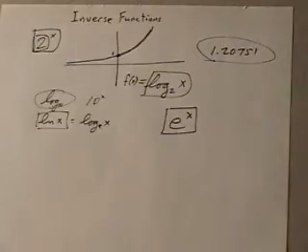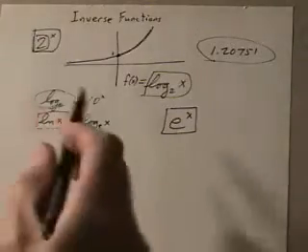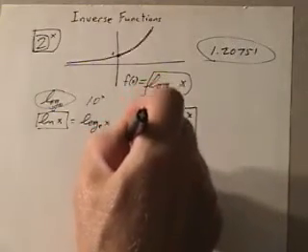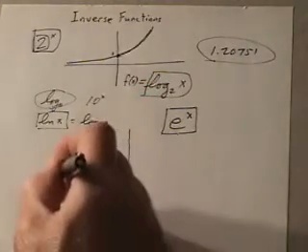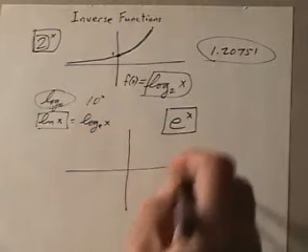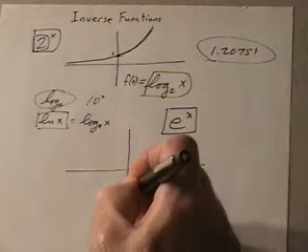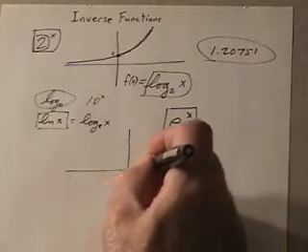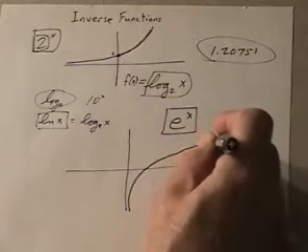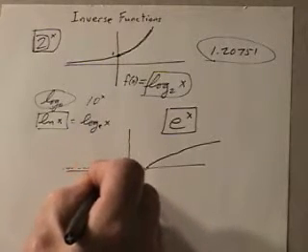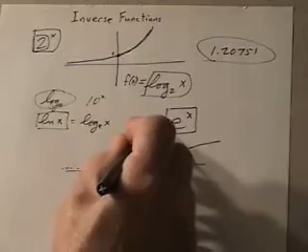There's a nice graphical interpretation of this too. And rather than try to explain it all, you probably saw an explanation of it at some point in your life, but the graph of all the log functions will look like this. They're asymptotic to the y-axis instead of the x-axis, and they grow rather slowly, as opposed to the exponential functions, which are asymptotic to the x-axis and grow rather rapidly.